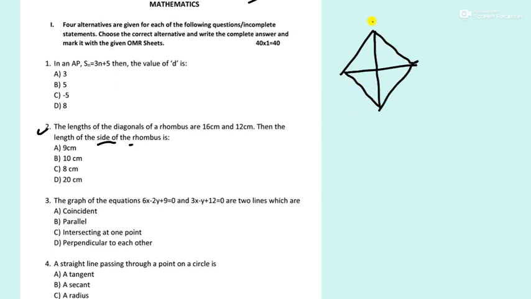So if I name them, this is A, let me take this as B, C, D. So here we call AB, BC, CD and AD, they are the sides of the rhombus, and BD, AC are called as diagonals. So they have given AC, for example, AC is given as 16 and BD is given as 12.